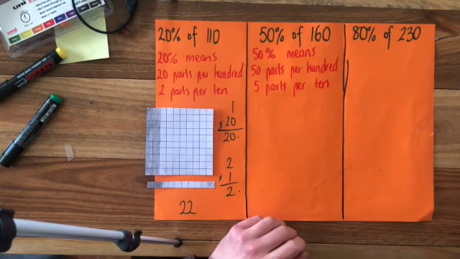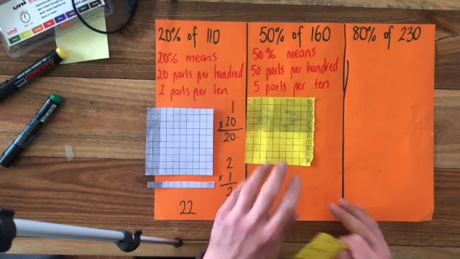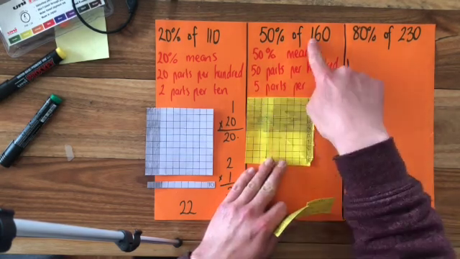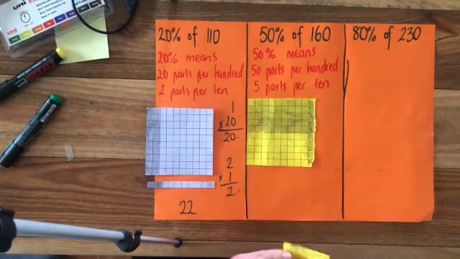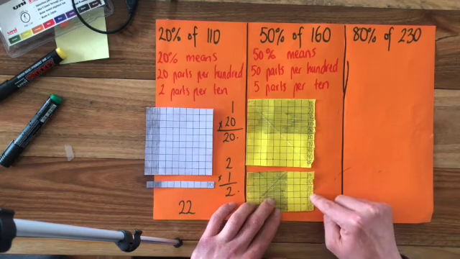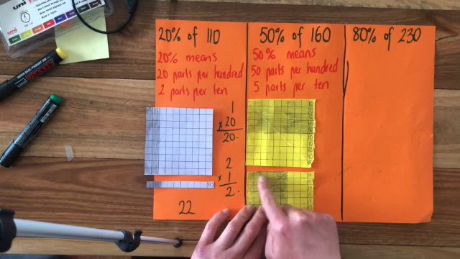All right, so we have our image. Here is my hundreds. 50 are shaded in, 50 parts per 100. 100 I've got in my number, so 50 of them are shaded in. I've also got 6 tens. So here we go, 10, 20, 30, 40, 50, 60. And for each 10, 5 are shaded in.